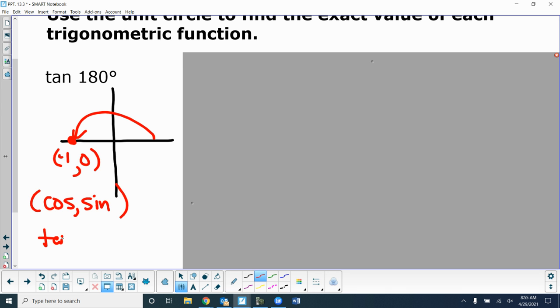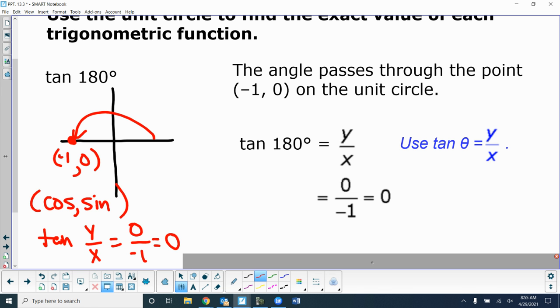We got to remember tangent is opposite y over adjacent x, right? Remember, y is always the opposite side, right? From our reference angle. So my y value, 0, over my x value, -1. What's 0 divided by anything? 0.